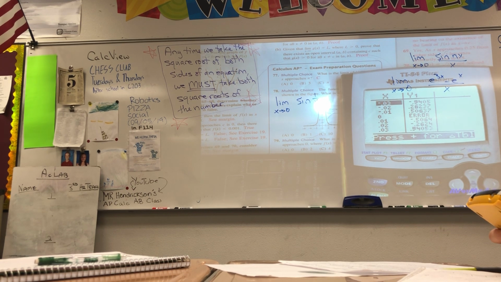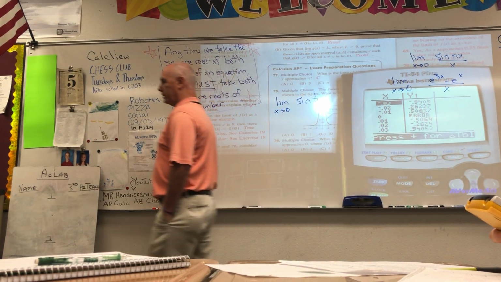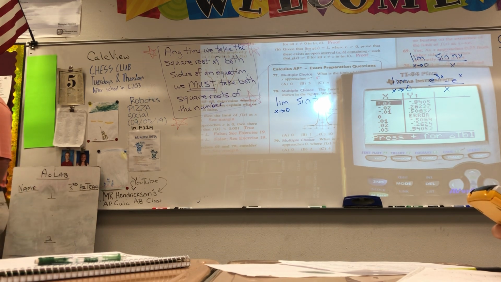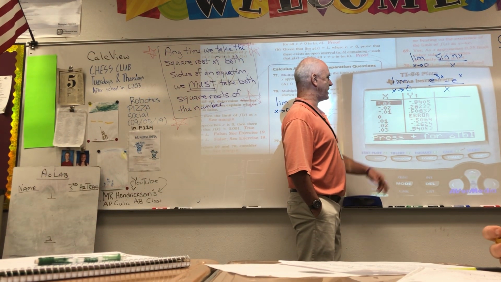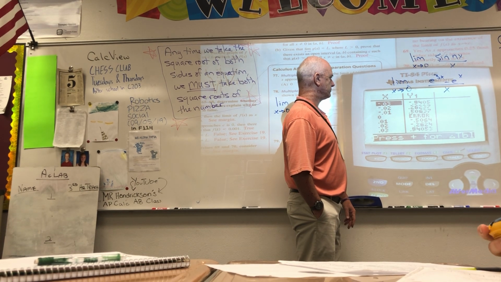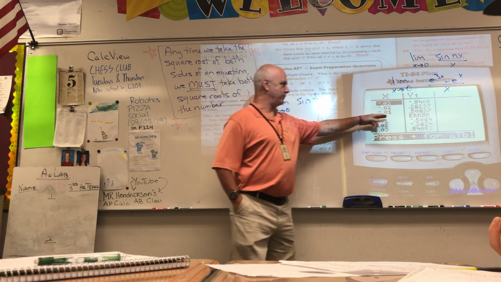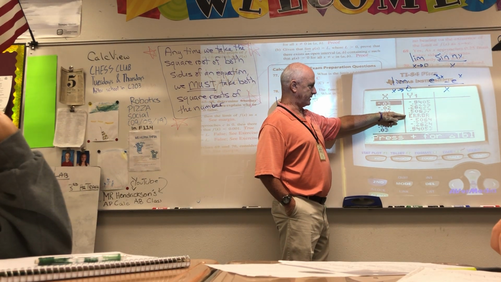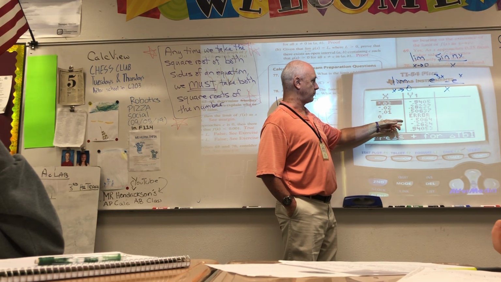As it gets close to 0, is it getting close to one specific value? No. One of the sides is positive a half, the other side is negative a half. So it's non-existent. It's not like 0 is right in between them, but it's not approaching 0. It's kind of almost getting further and further away.